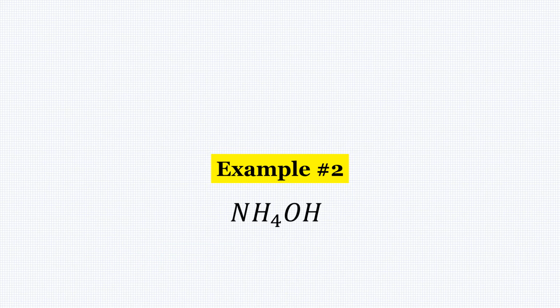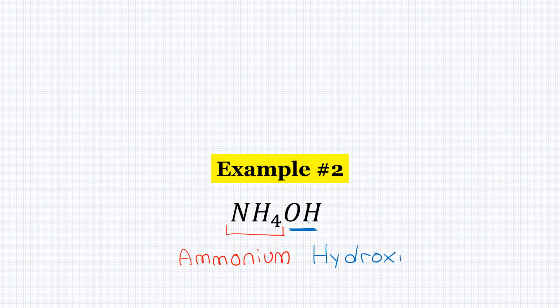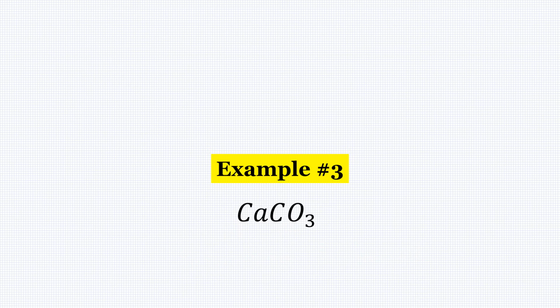Let's look at another. Okay, so our cation in this case right here is ammonium. And our polyatomic part at the end is hydroxide. Okay, here's another one. We have calcium.